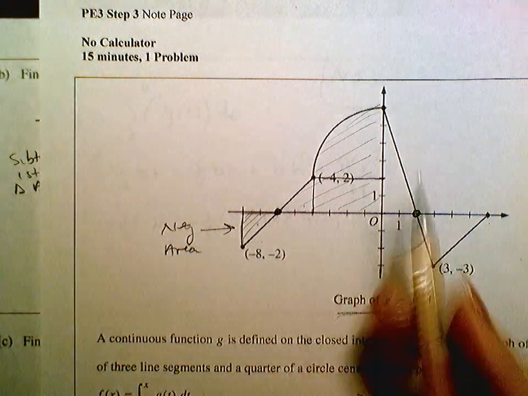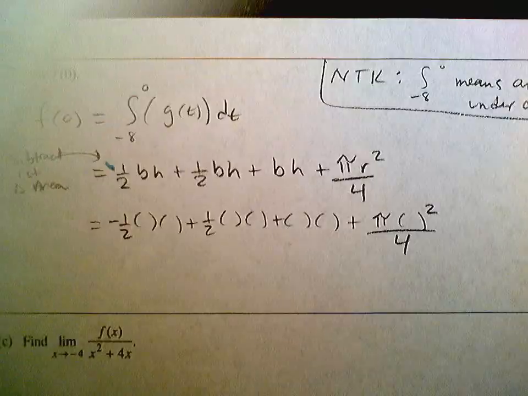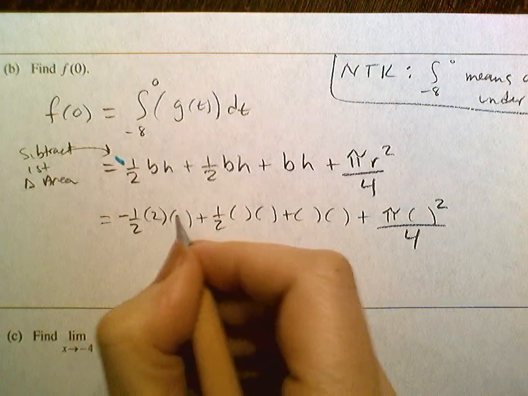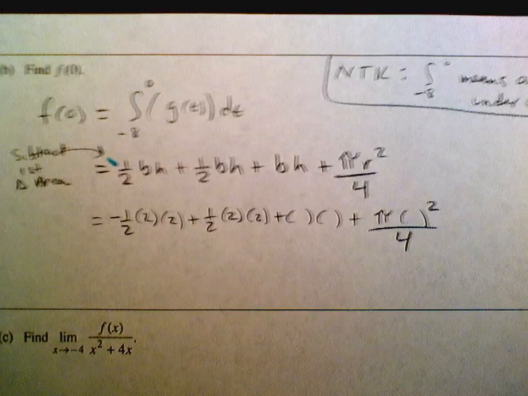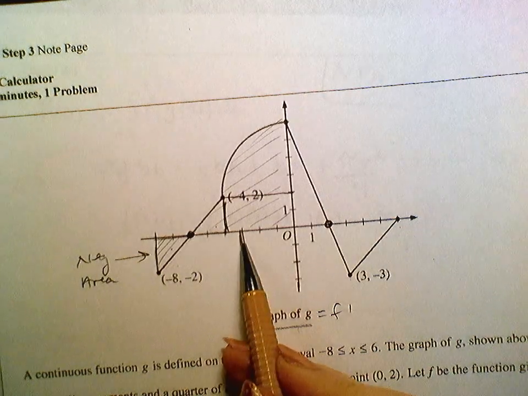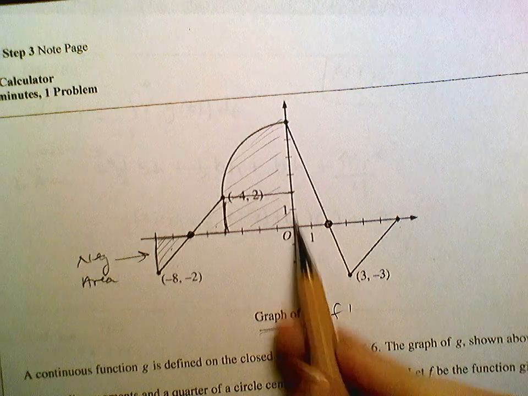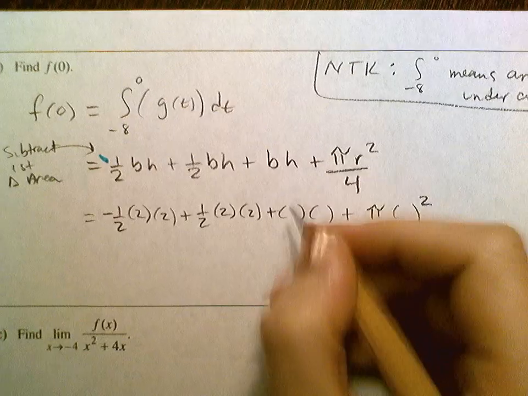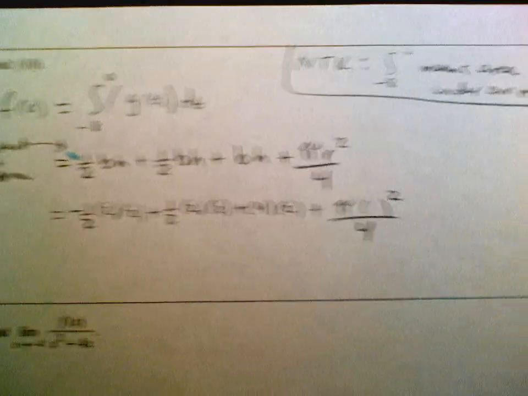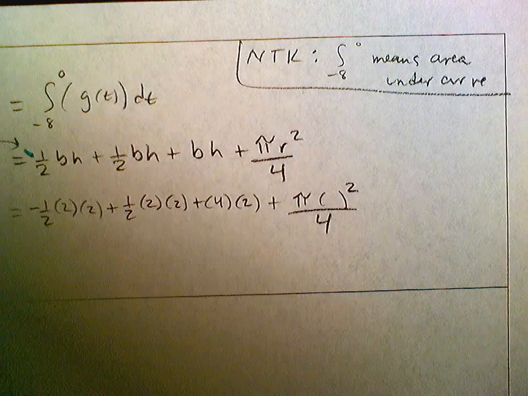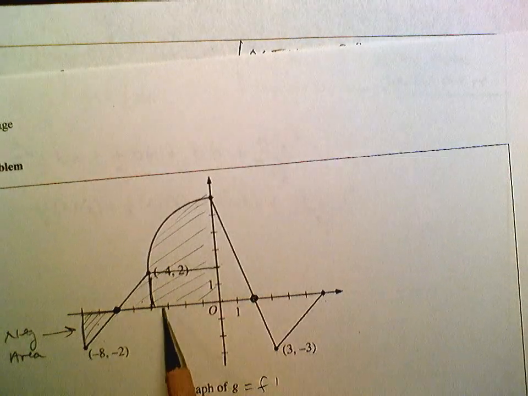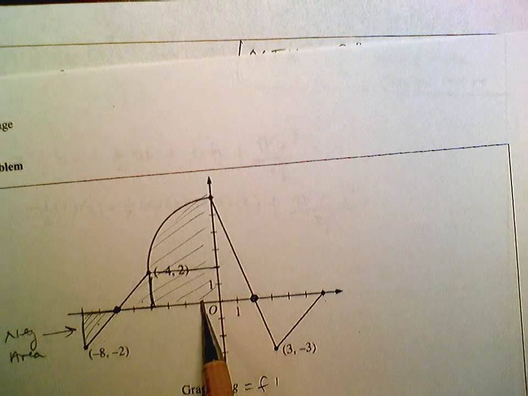Second triangle, base is 2, height is 2. And then for the rectangle, base is 4, height is 2. And then for the quarter circle, the radius is 4.